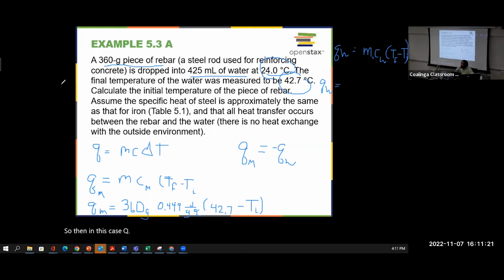Okay. So what do we know about water? What is the density of water? And what is the significance of density? Why am I even going to do that? What are the units of density? Density equals mass over volume.